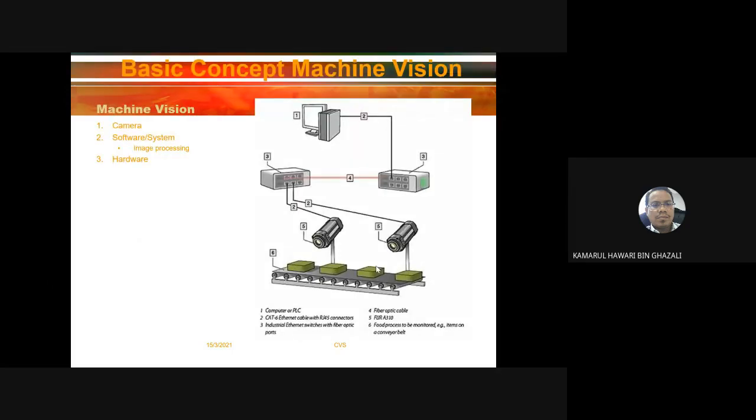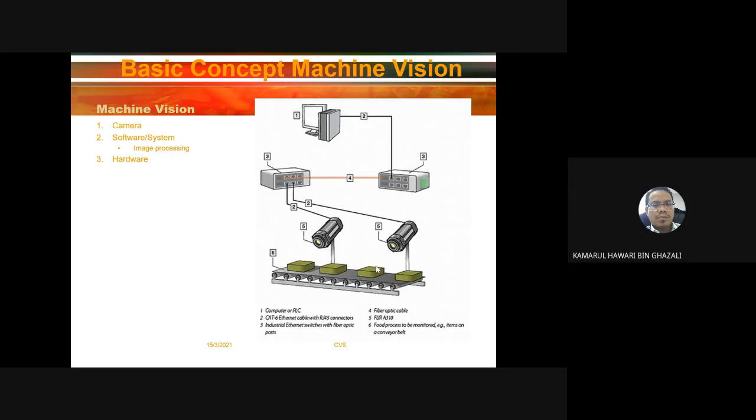When we talk about the concept of machine vision, it must have a camera to acquire an image, and software to process it. Software is like our brain, and the camera is like the eye.